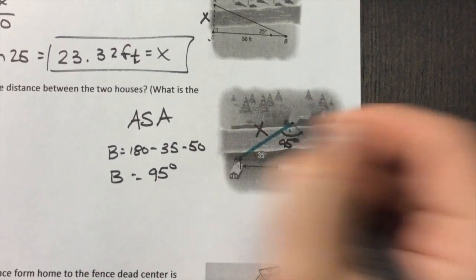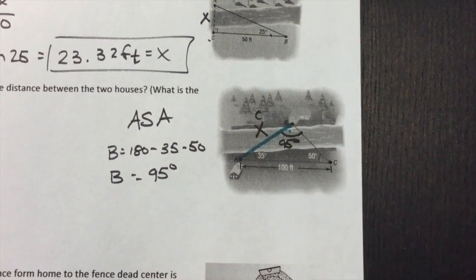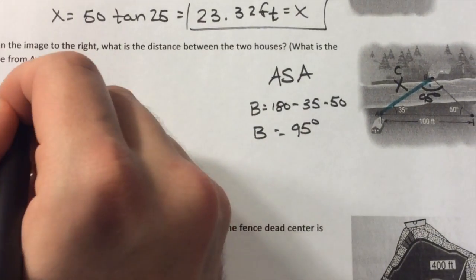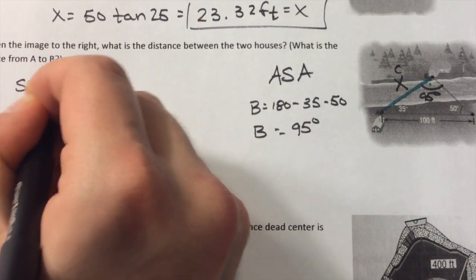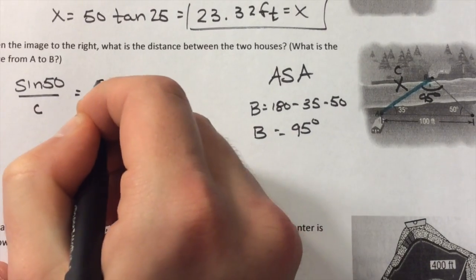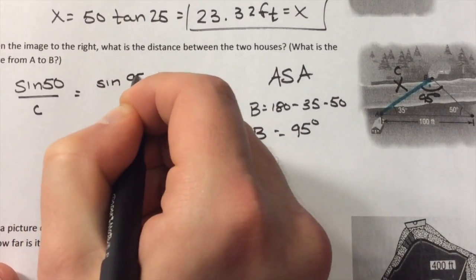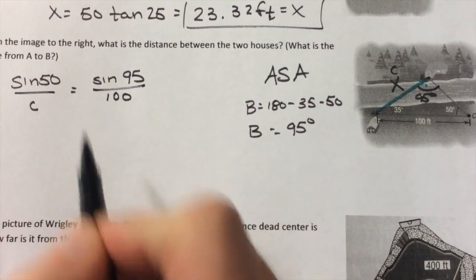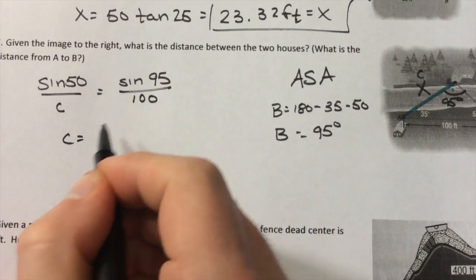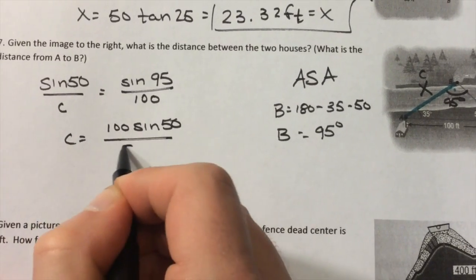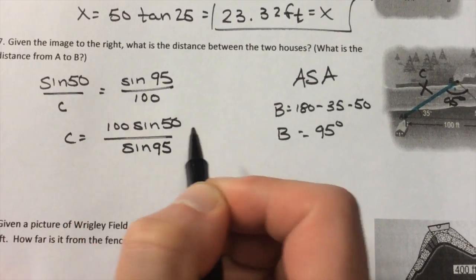So if I want to find x, or let's say c in this case, I'm going to say the sine of 50 over little c equals the sine of 95 over 100. So to solve for c, I get c equals 100 sine 50 over sine 95.